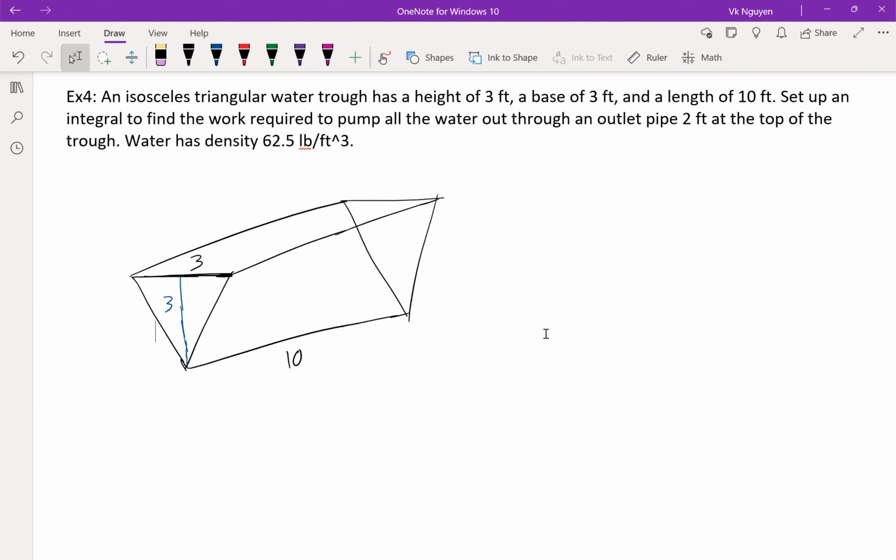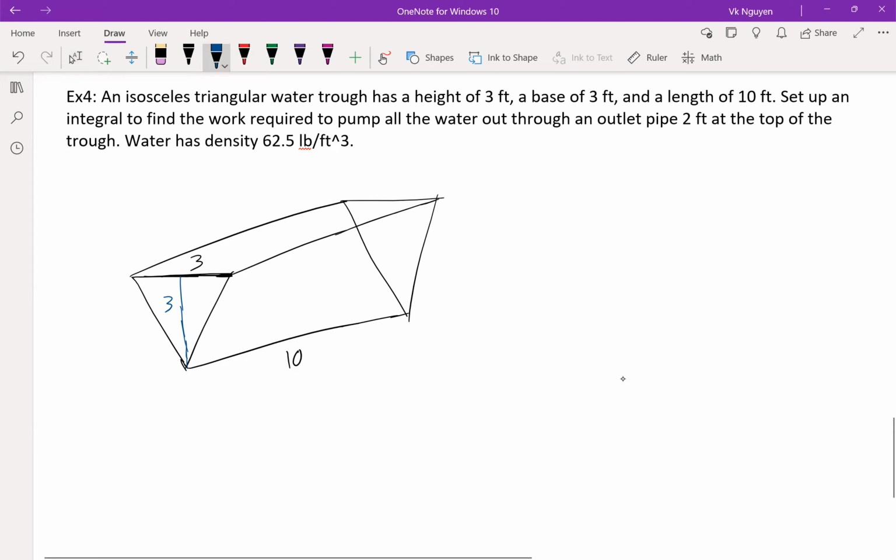This is the picture of the isosceles triangular water trough. In order to pump all the water out, we have to take a look at how we're going to pump a sample slice.